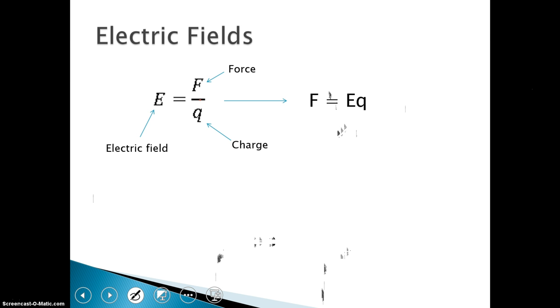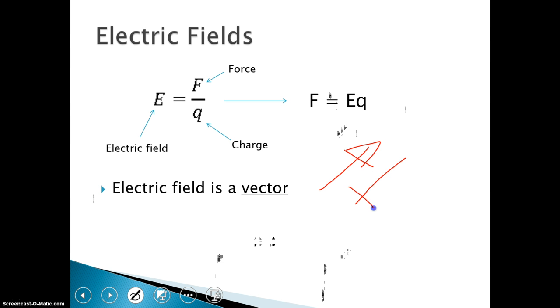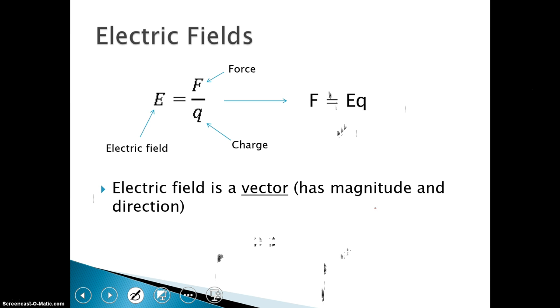Another way of rearranging this formula is F equals EQ. Just as a reminder, electric field is a vector. Remember, because it can either have an arrow pointing outward or inward, that lets you know it has a direction. The units for electric field are newtons divided by coulombs.